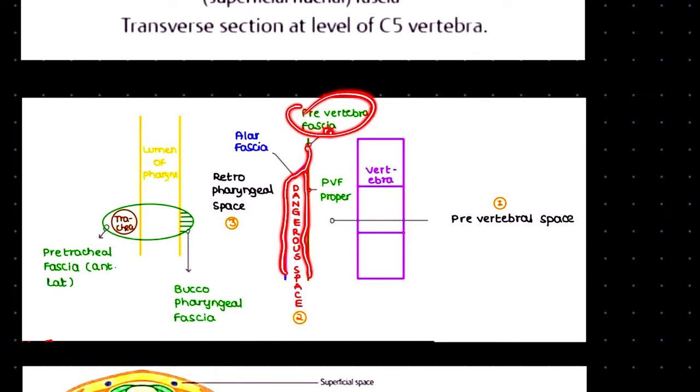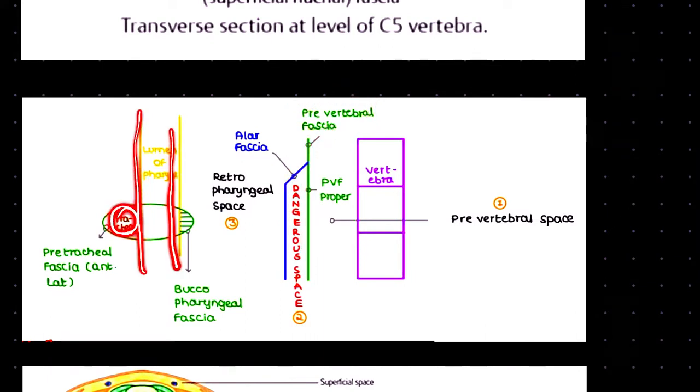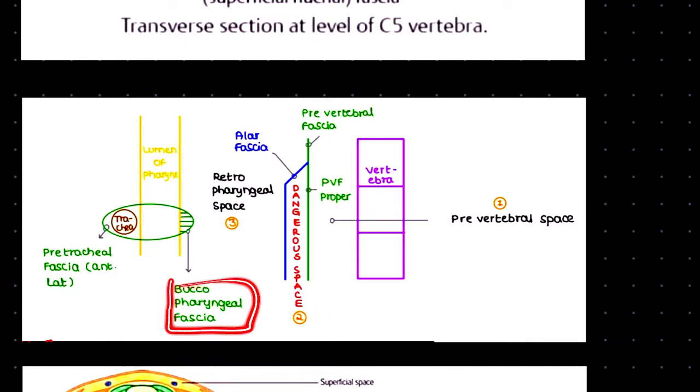Okay, now moving further, this was our overall pre-vertebral fascia. If we go further, we'll find the trachea right here, and the lumen of the pharynx. In front of the trachea we have the pre-tracheal fascia, which runs anteriorly and lateral to the trachea. It will enclose the lumen of the pharynx also. It will go all the way backward and form the buccopharyngeal fascia right here.